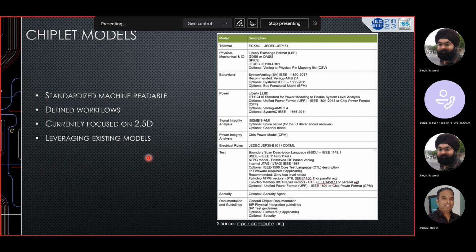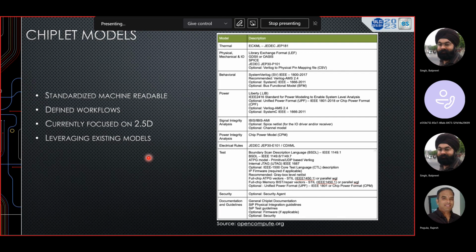So now, when I'm getting a hard IP for me to do an SoC, I need to do health checks, right? I need to make sure that the hard IP meets all these criteria and model requirements. Is it coming with the right quality or not, right? Same thing, even here, we need to extend that.